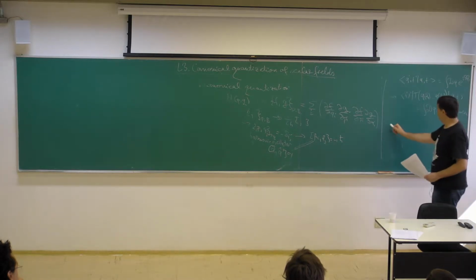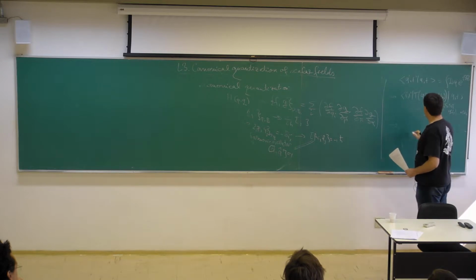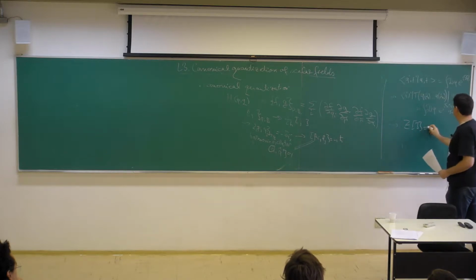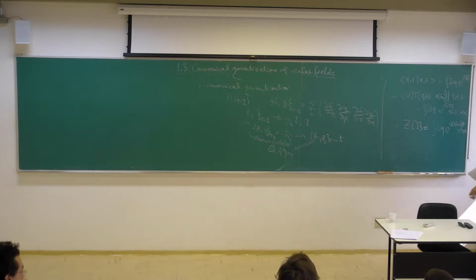And then finally, we used an idea of a generating functional, a simple mathematical idea to put together some functions. And we've defined Z of J as a path integral dq e to the i S of q plus i integral dt J of t q of t. Right?